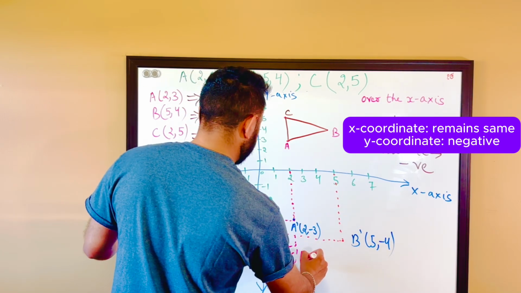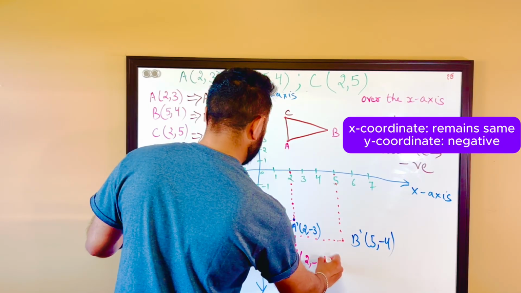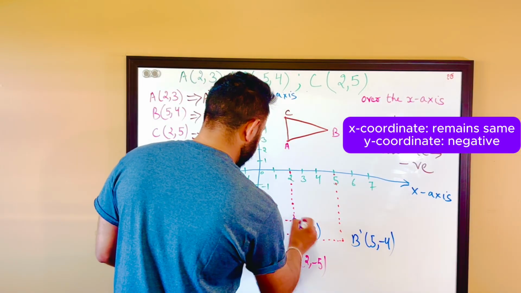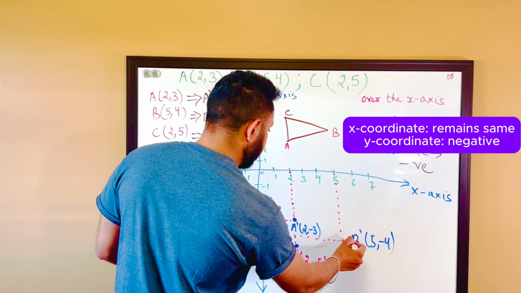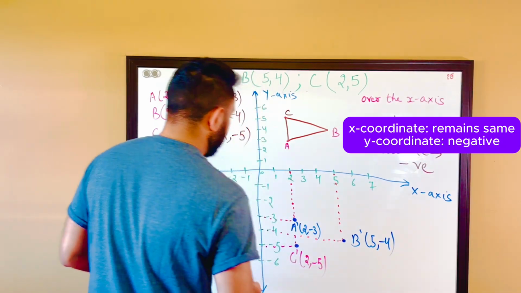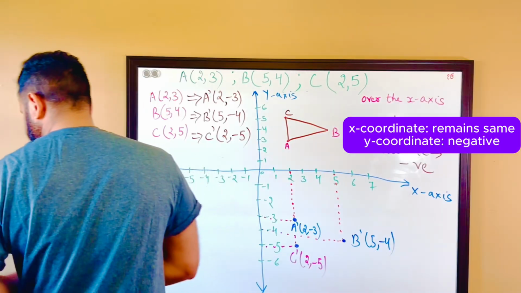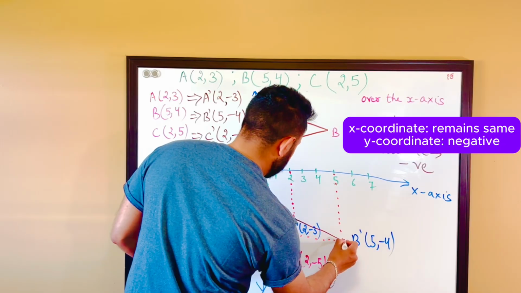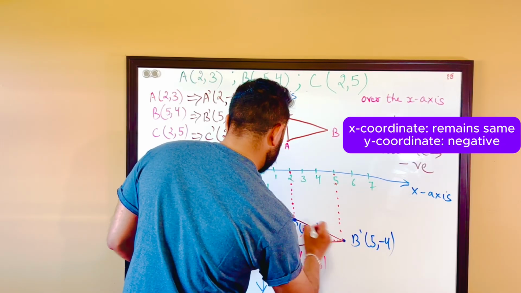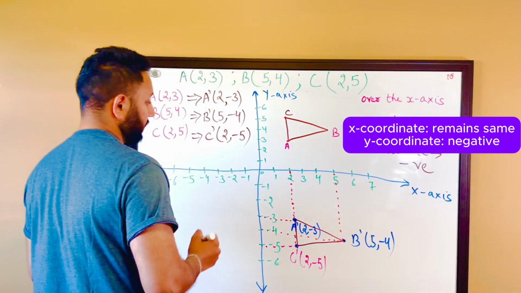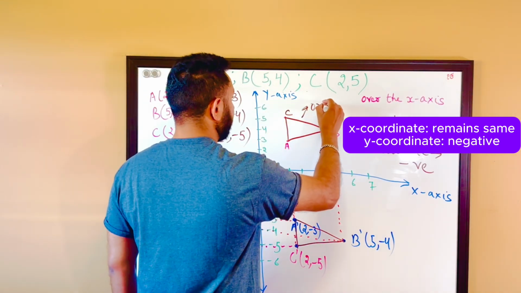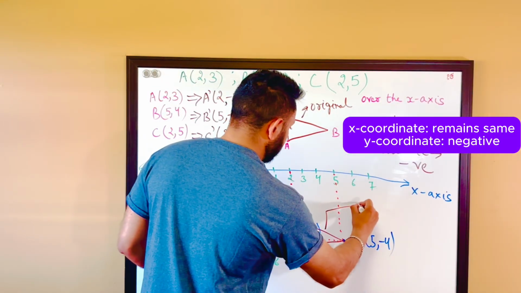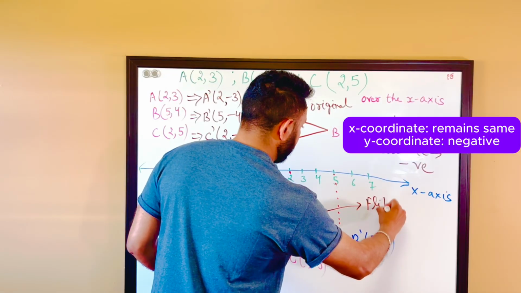So this is our C dash, 2, minus 5. So this is A dash, this is C dash, and this is B dash. Now we're gonna join the points. So this is our original figure, and this is our flipped figure over the x-axis.